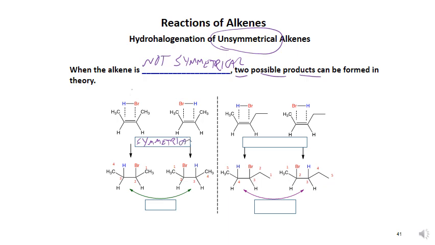On this side, it looks exactly the same as that side. So you could add the hydrogen to carbon 1 or to carbon 2, right? But this molecule and this molecule are identical.